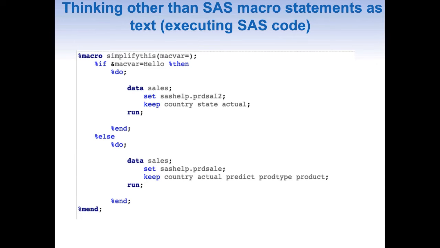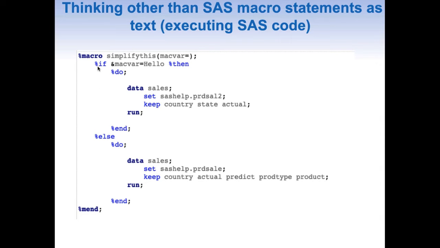Now let us also look into something else which is important, that is how to think of anything other than SAS macro statements as text and how it is useful. Now I want to illustrate this with an example here. In here I have a macro and I am calling this macro simplify_this, and my parameter is macvar=.